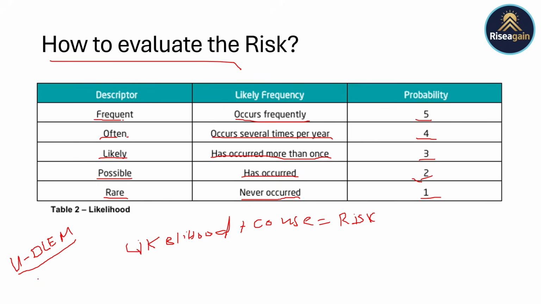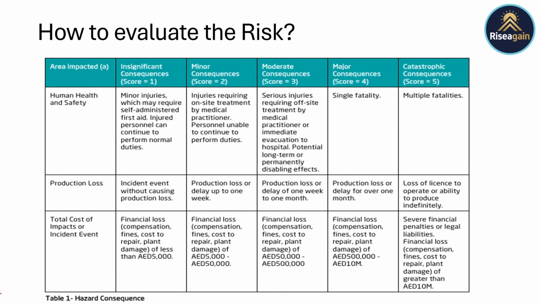There is also brainstorming. So there are different methods that you can use to evaluate. But I believe that UDLEM, which is very new in the market, gives you the accurate chances that an incident can happen. So we will go to the next slide, which is how to evaluate the risk.